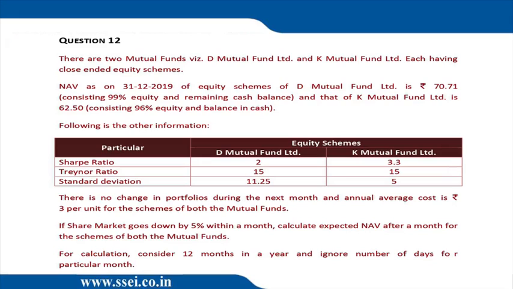Or if you want to use 1.8 beta, then if the market falls by 5%, the fund will fall by 5 into 1.8, which is 9%. And 9% of 100 is 9 lakhs. And once again, 91. So beta of the fund incorporates cash. I think 50% people might have understood, 50% have not understood. So forgive me for the last 2 minutes of deep discussion and let's move ahead.